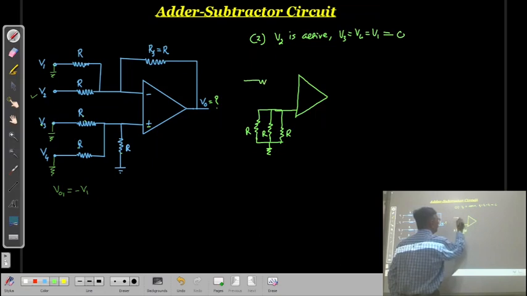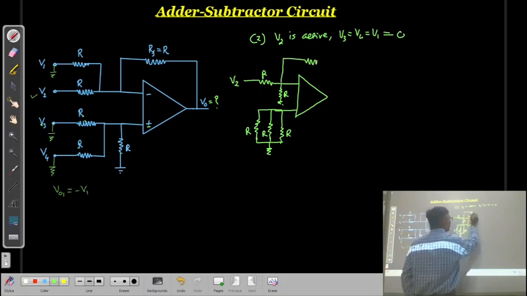And my V2 is active, and whatever V1 is there, it is connected to ground. And if we see the feedback resistance, then Rf is equal to R.